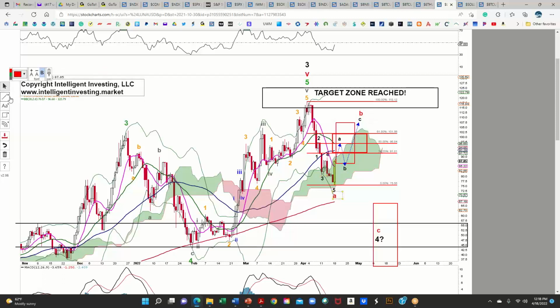Then we have wave A completed. And then let's say we have a standard C equals A relationship, something like this would be very, very normal to see. So that brings us back to the upper end of this ideal target zone we already had. So this is very possible. And of course, wave C can extend, but I think this is for now the ideal anticipated path forward.